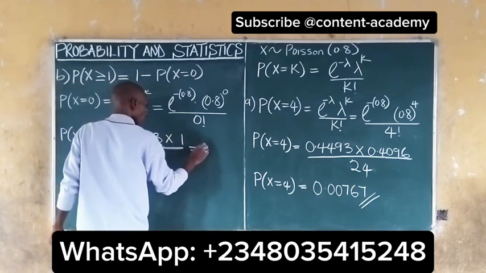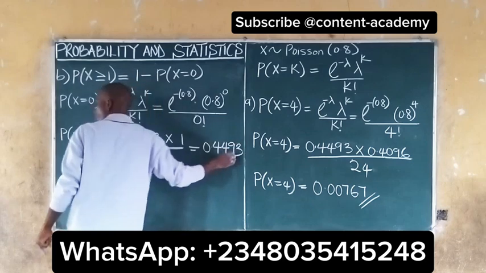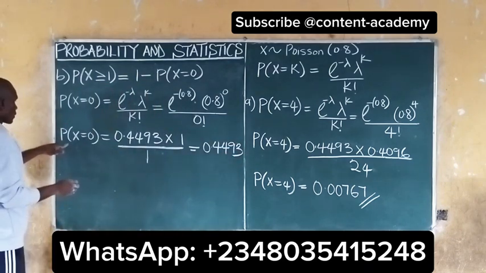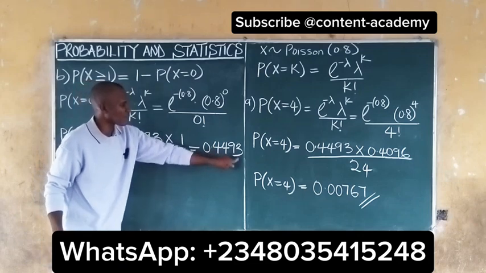So we have 0.4493. Therefore, the probability that X is equal to 0 is 0.4493.